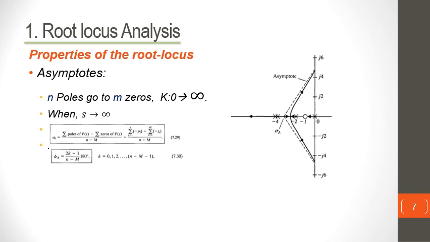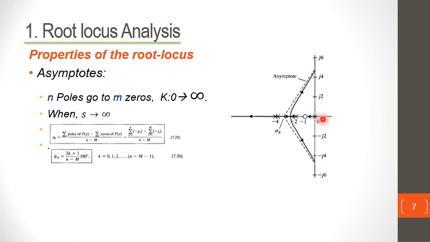Asymptotes are basically the lines which the root locus approaches as it elongates, as k gets bigger and bigger. So for example, typically when you draw a root locus, we know that m of the poles go to the m zeros, and then the remaining number of poles will go to infinity.